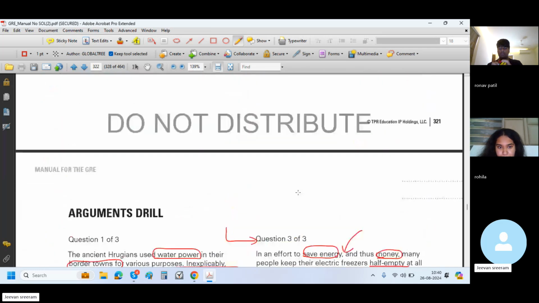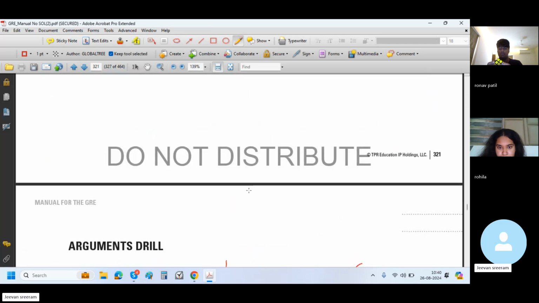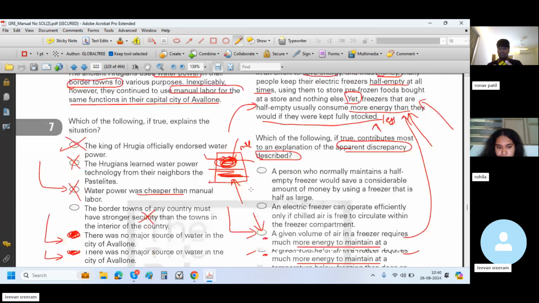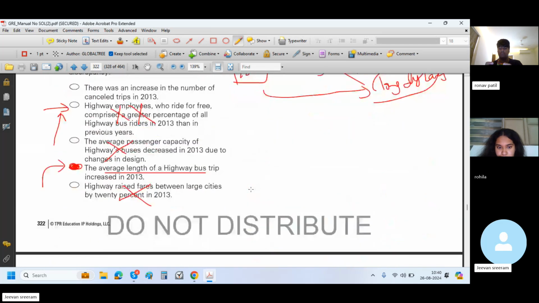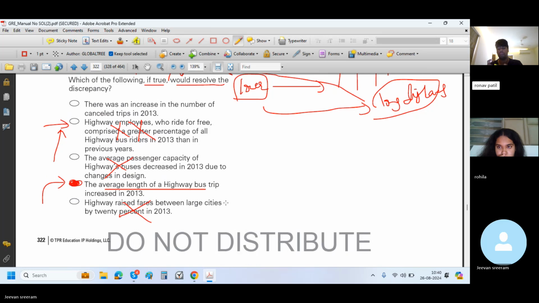So with this, we are done with all the content. Are there any passages left till here in this book? Any passages still left undiscussed? You can please check again. Rohila, I think we discussed everything.